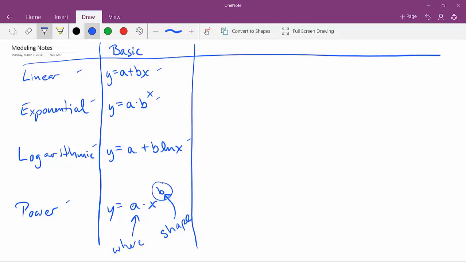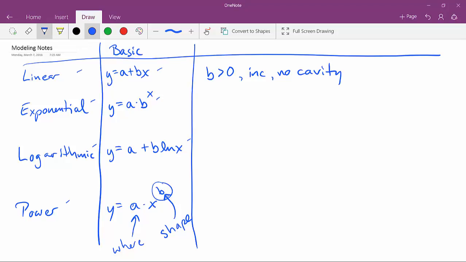B, for each of these 4 functions, is the most important of the 2 values. But other than that, we've got a few more things that we can talk about with the linear model. If B is greater than 0, then we've got an increasing function and there's no concavity.